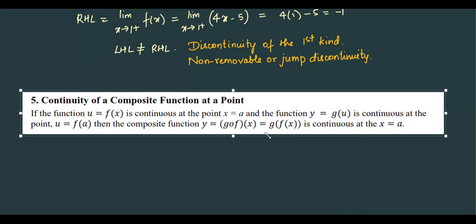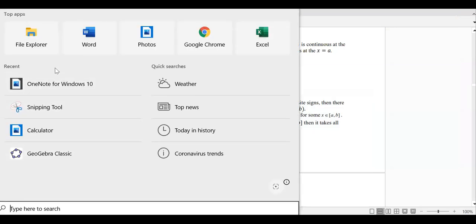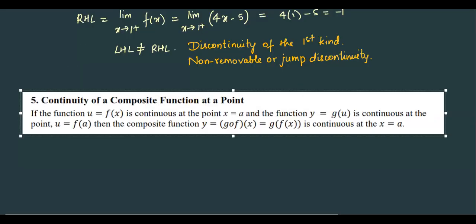So continuity of a composite function. If a function u equal to f of x is continuous at a point x equal to a, and the function y equal to g of u is continuous at the point u equal to f of a, that means it is like this.